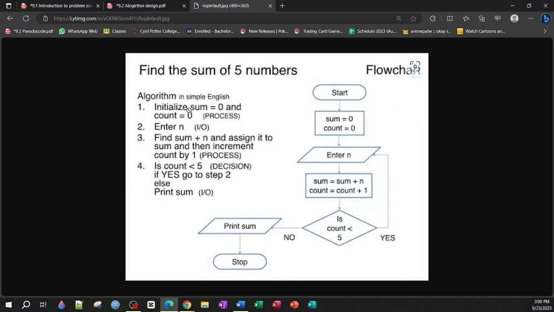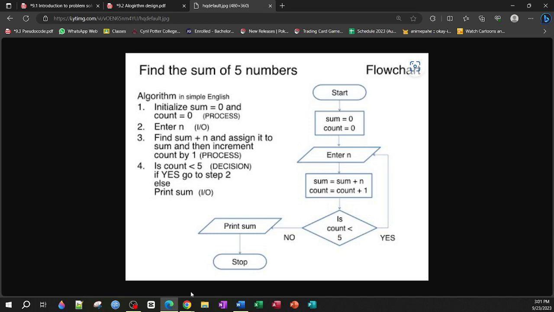Either way. So, find the sum of five numbers. We're adding five numbers, so the algorithm is in simple English. Step number one, initialize sum equals 0 and count equals 0. Notice it has more of a structure.